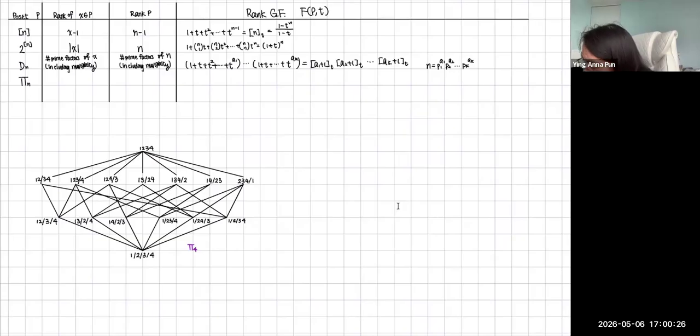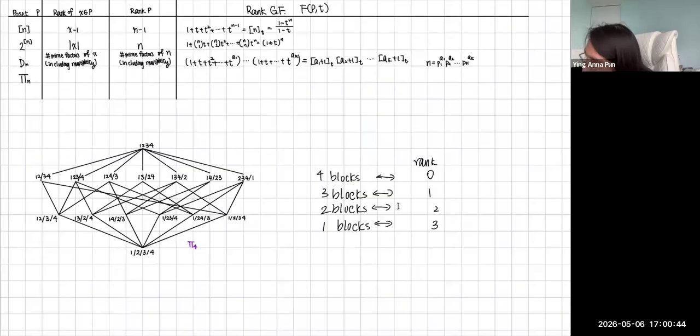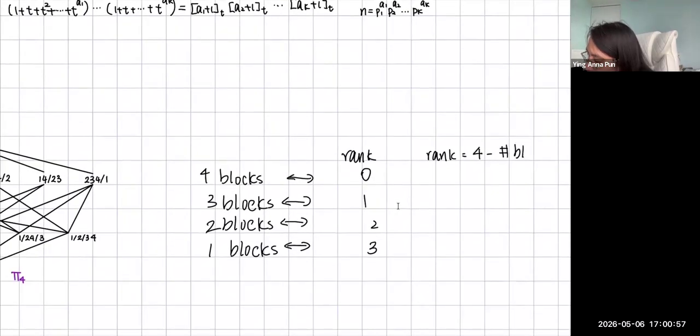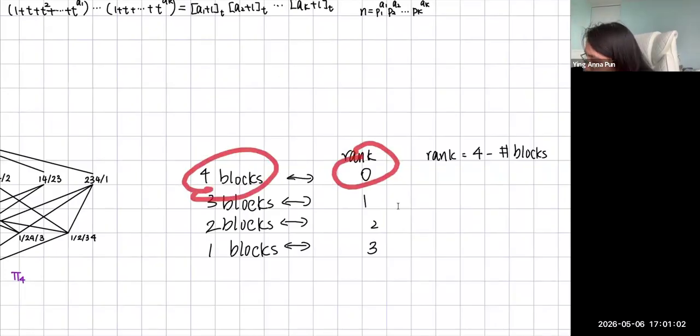So think about it: 4 blocks, then your rank is 0. 3 blocks, your rank is 1. 2 blocks, your rank is 2. And 1 block, that's the highest one, your rank is 3. So when you add them up, they're always 4, meaning that the rank is 4 minus the number of blocks, because the number of blocks plus your rank is always 4.